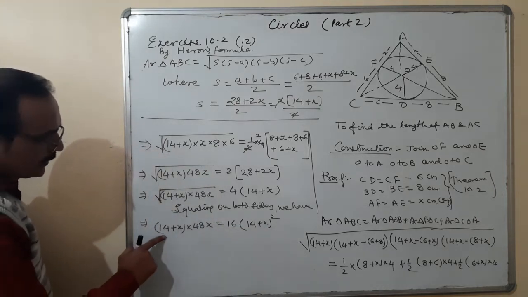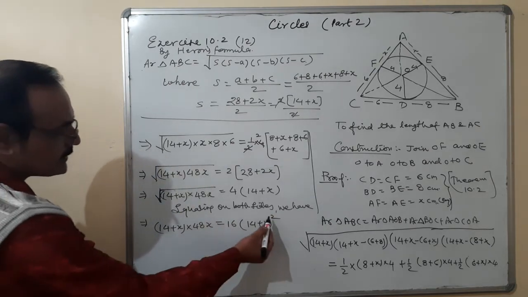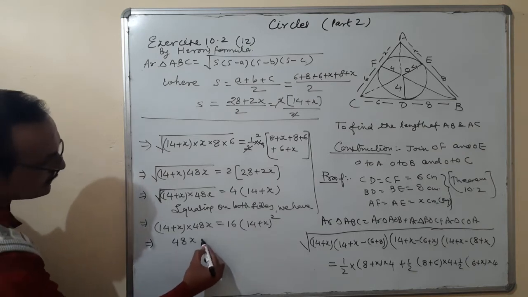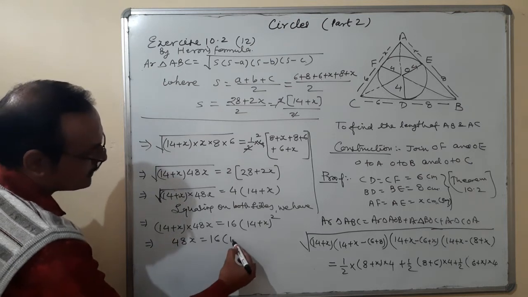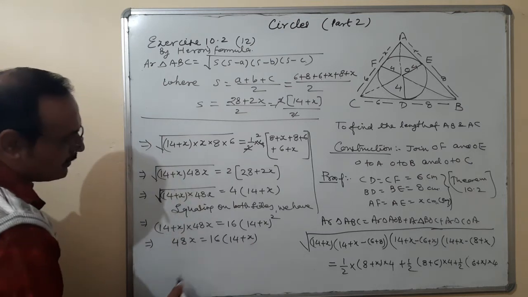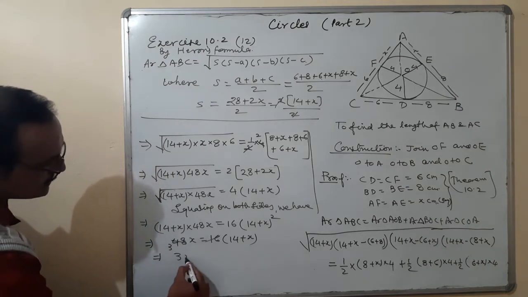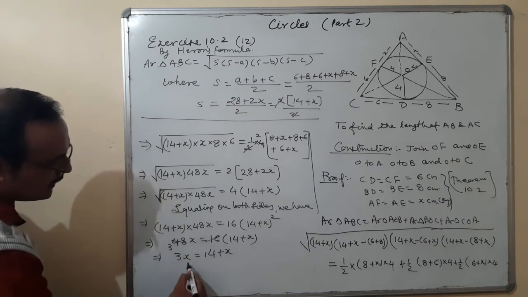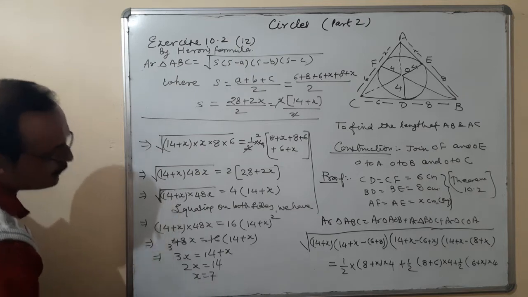Simply we cancel 14 plus x by 14 plus x. It is coming 48x is equal to 16 times (14 + x). 16 threes are 48, so 3x is equal to 14 plus x. 3x minus x, 2x is equal to 14. Therefore x is equal to 7.